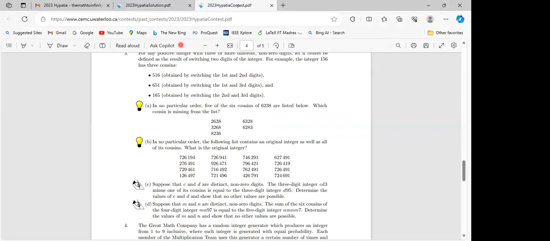516 is obtained by switching the first and second digits. 651 is obtained by switching the first and the third digits. 165 is obtained by switching the second and third digits.